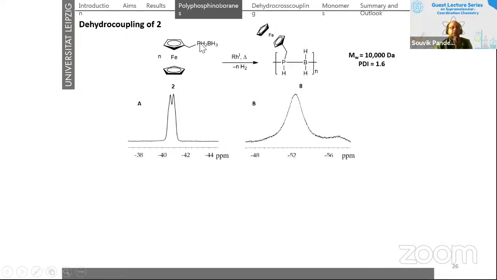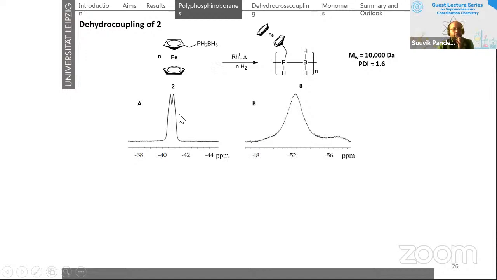Here, phosphorus, this is the dehydrocoupled polymer. So there is no coupling of the hydrogen observed. But this is actually due to the PB coupling. Generally boron is I equal 3 by 2, so I expect 4 peaks.